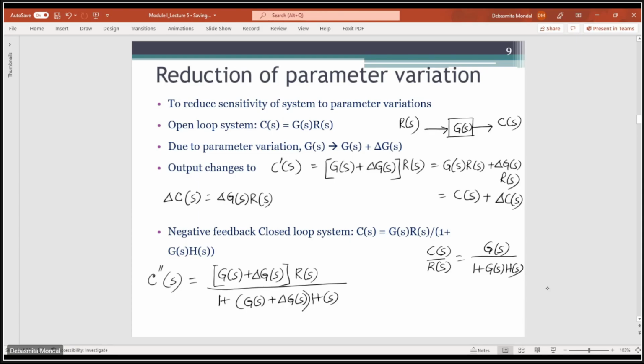Now there is this assumption that the change in parameter of G(s) is a very small change, so delta G(s) is much less than G(s).